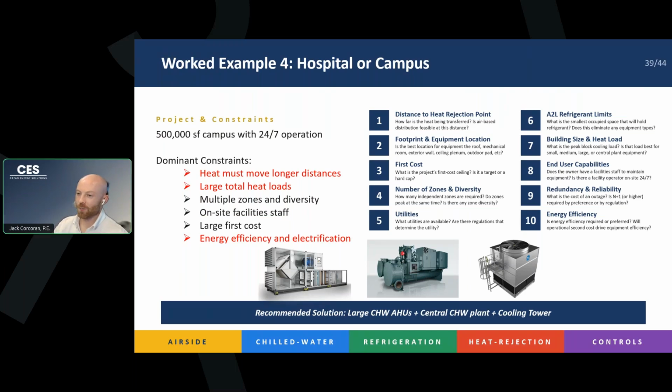Because we're moving heat long distances and you need the energy efficiency, having a water-cooled chiller is a great way to do that. You pump the water throughout the campus. Every building, every floor gets its own chilled water. And your water-cooled chiller is super efficient, so you're going to get all that energy savings from having energy efficient equipment.